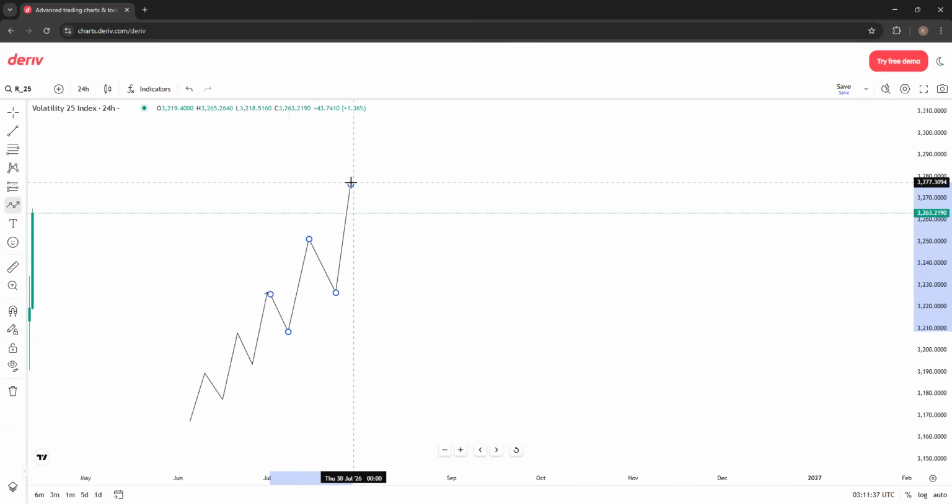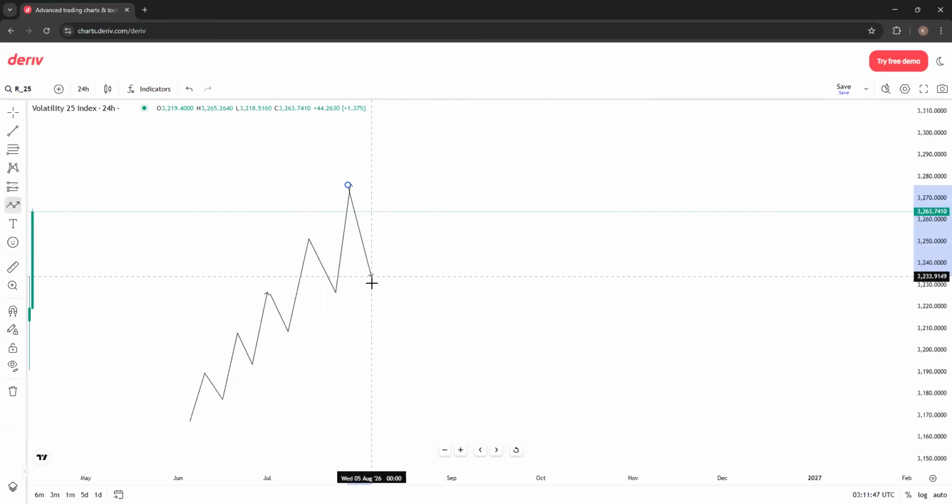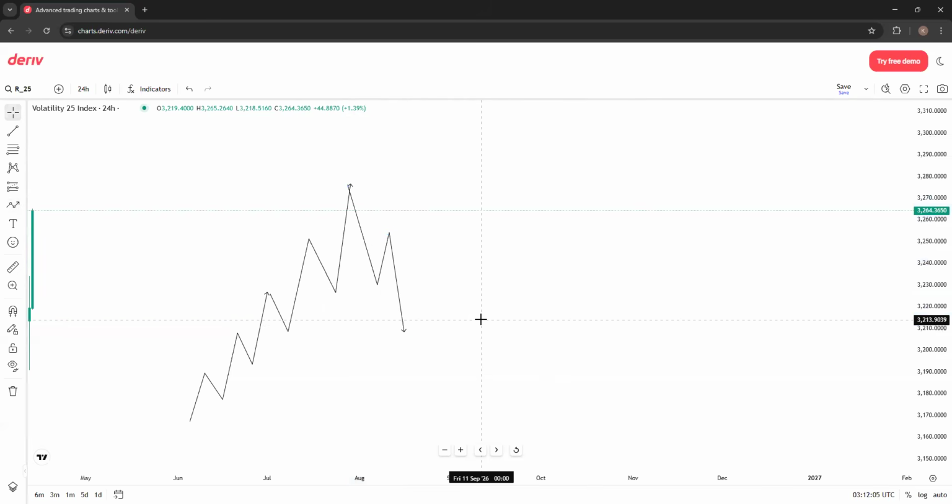When it gets broken by price, we don't term it a shoulder yet. Then price comes, fails to break that low. And then price comes again, fails to break the high, but then proceeds to go on and break the low for the second time. So this is now where we say we have a head and shoulders pattern.